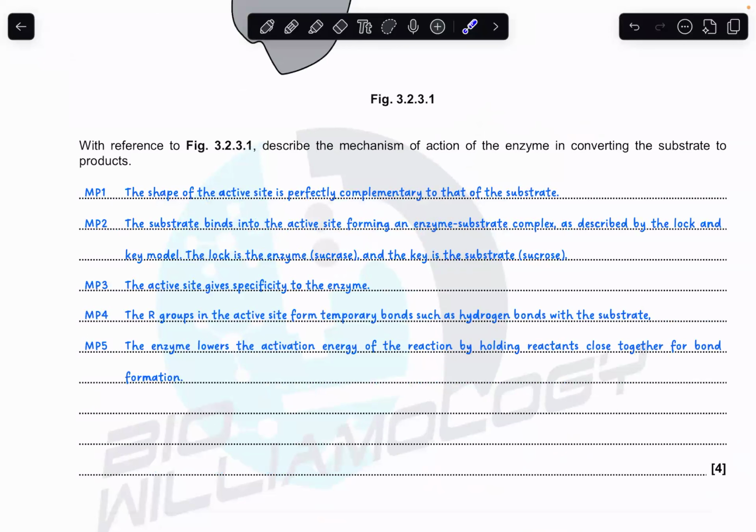Look at this. The shape of the active site is perfectly, or exactly, complementary to that of the substrate. Again, you can see that I have the word shape here. The substrate binds into the active site, forming the enzyme-substrate complex, described by the lock and key model. Why do I use lock and key?